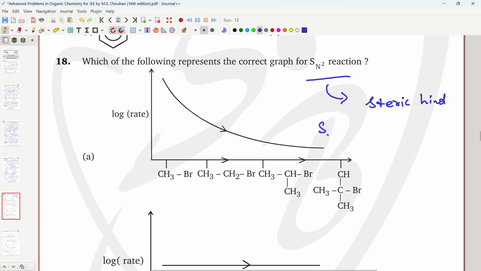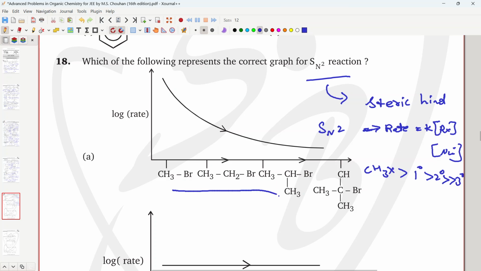So for SN2, the rate order of reactivity is CH3X greater than primary, greater than secondary, much greater than tertiary, because the backside attack becomes harder as the crowding increases.